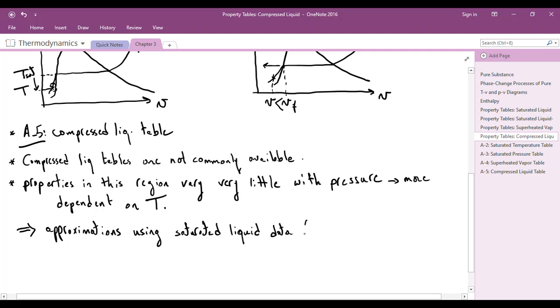The saturated liquid data are mainly the Vf, so all properties denoted by a subscript f: vf, uf, and hf.